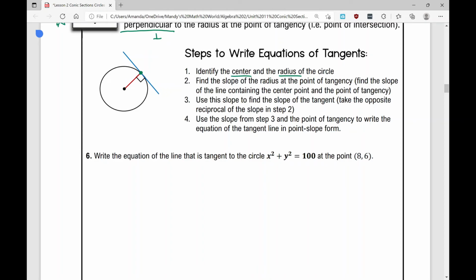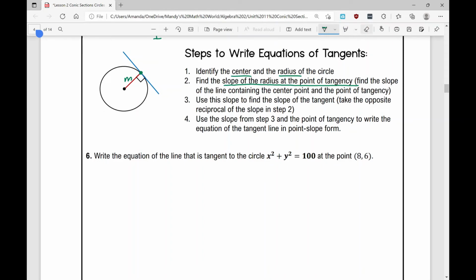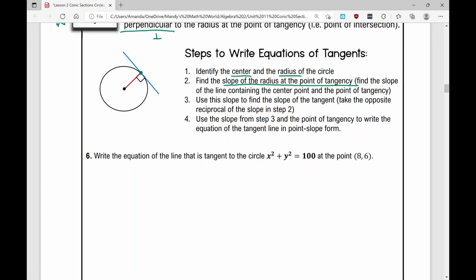And we're going to find the slope of the radius at the point of tangency. That's like saying this red line up here, I'm going to find the slope of it. Change in y over change in x. And then we're going to use that slope to find the slope of the tangent. So step 1, step 2, step 3.